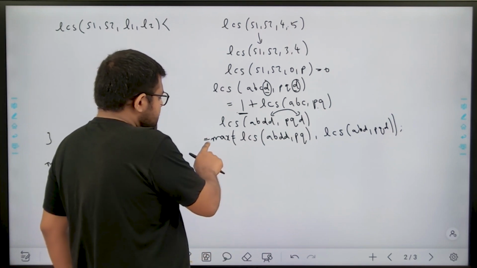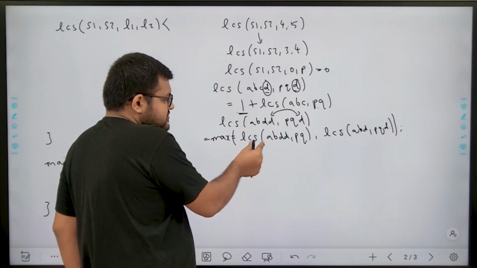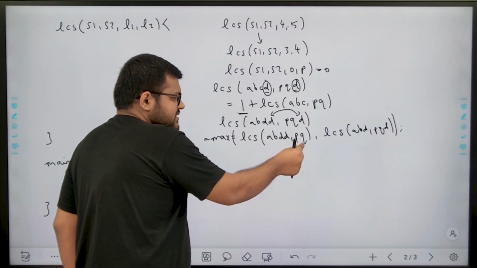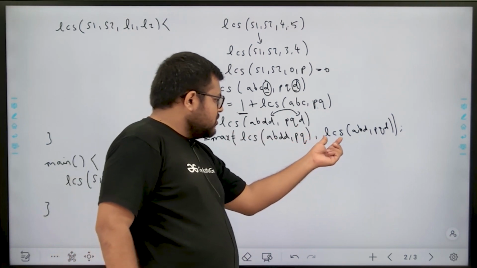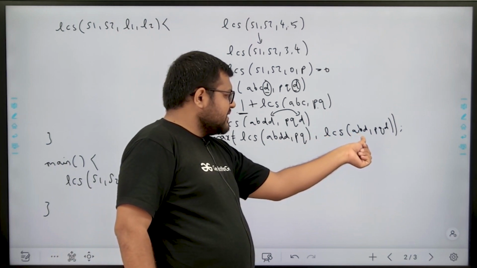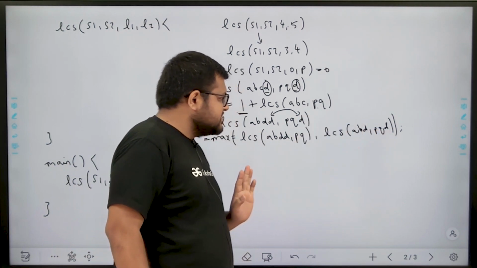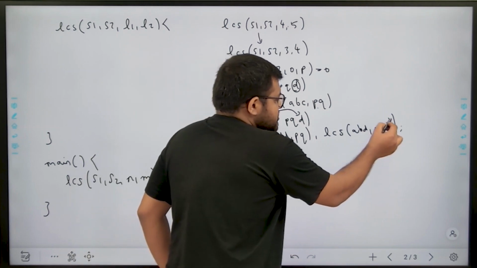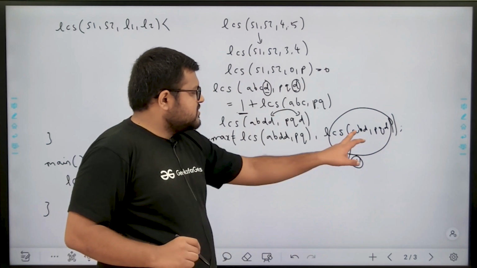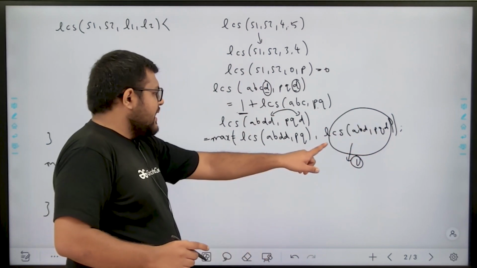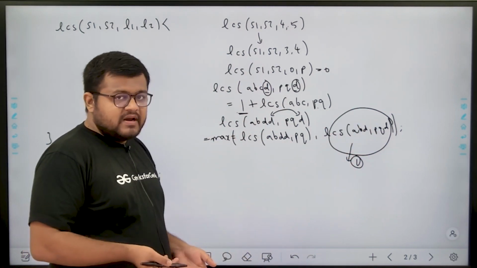So it would be the max of the longest common subsequence where I keep this as it is and neglect one character from here, or the longest common subsequence where I neglected one D here and kept this as it is. Now this can still return me 1 because D and D are matching.